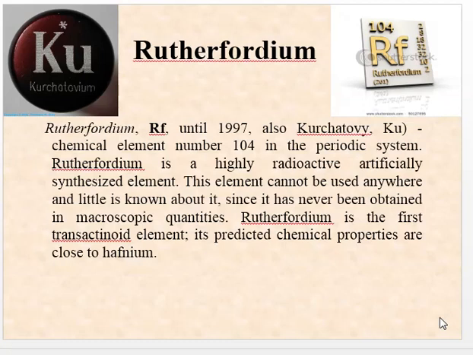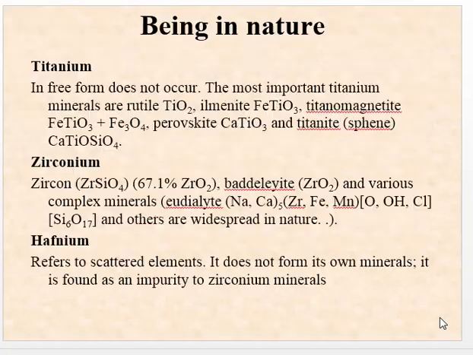This element can't be used anywhere, and little is known about it, since it has never been obtained in macroscopic quantities. Rutherfordium is the first transactinoid element. Its predicted chemical properties are close to hafnium.